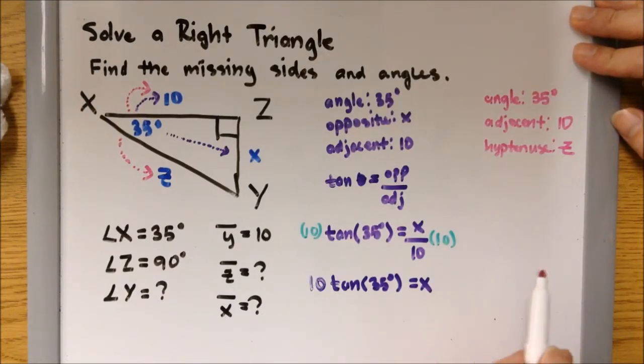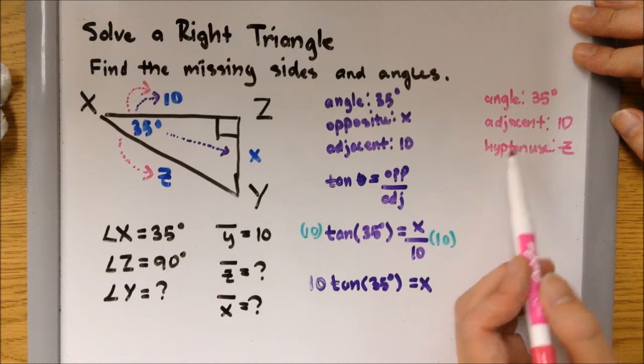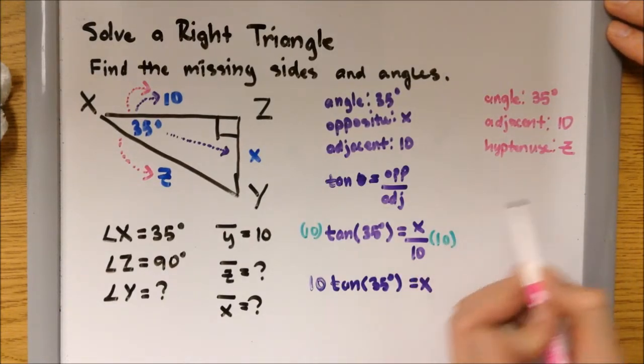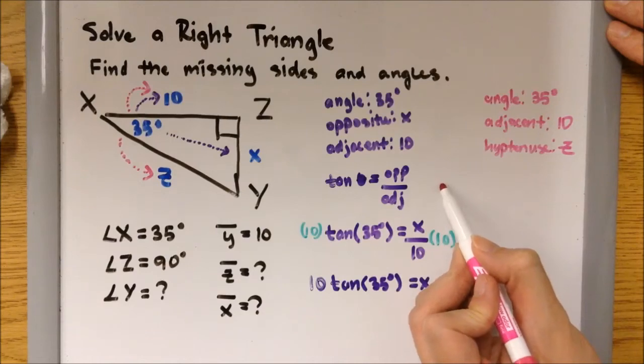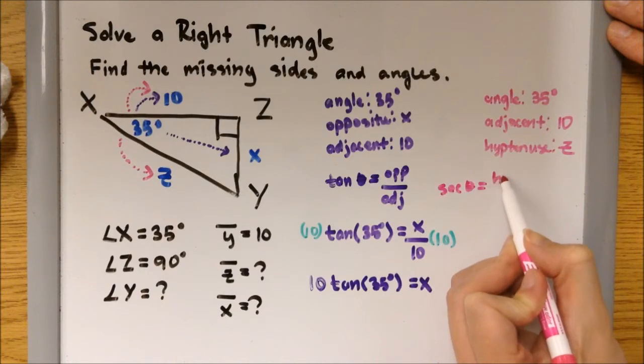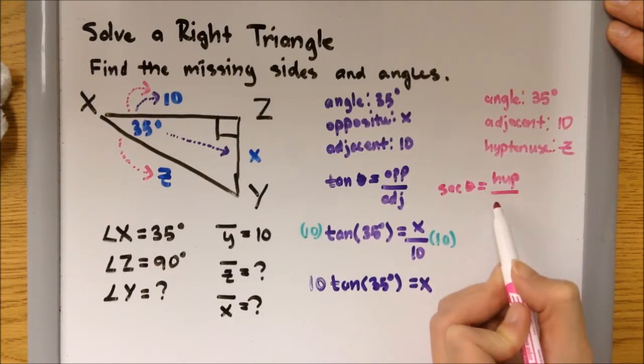So, using this information, the trig functions that use adjacent and hypotenuse would be cosine and secant. Now, hypotenuse is the unknown variable. So what we want to do is use the one where hypotenuse, or the Z, is the numerator. And the only trig function that has that is secant. So, since I'm short on space, I'm going to write it right here. So secant theta is hypotenuse over adjacent.